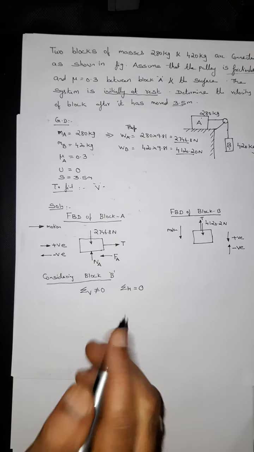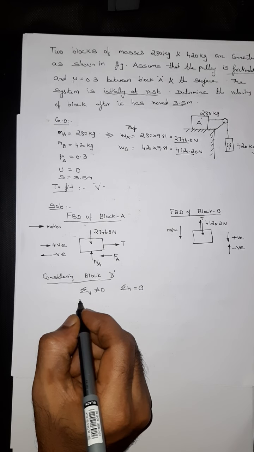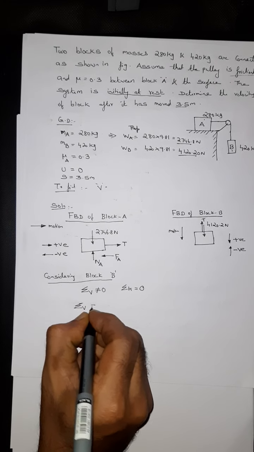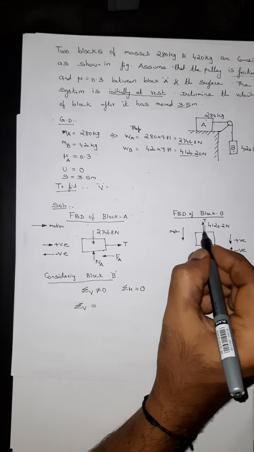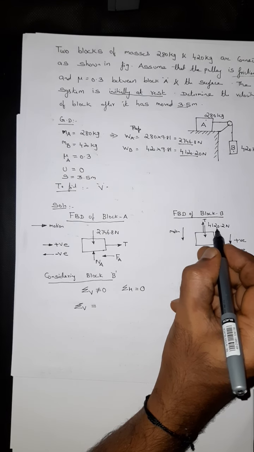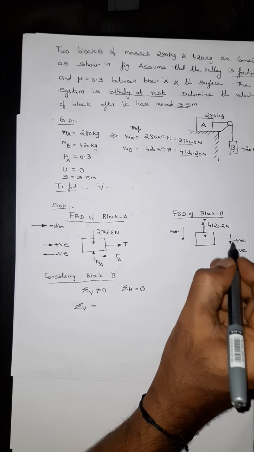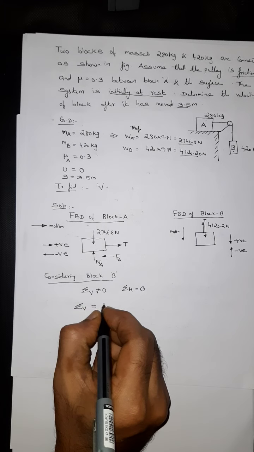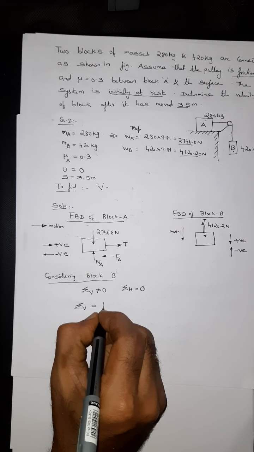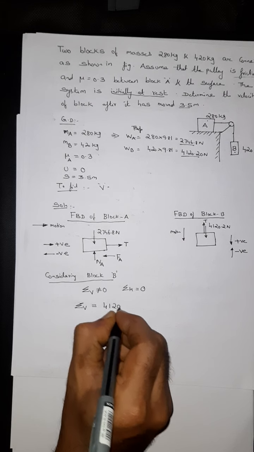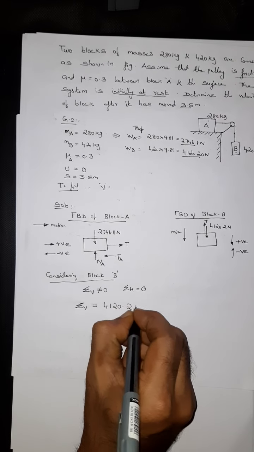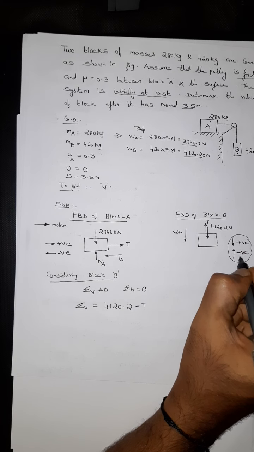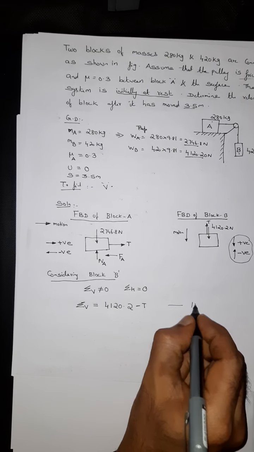And summation H is equal to 0. Summation V equal to 4120.2, which is in the positive direction, minus T in the negative direction. This is equation number 1.